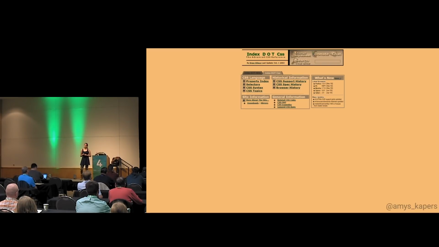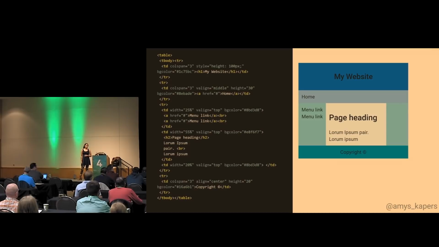But before too long, it wasn't good enough either. We wanted to do more with our websites. So we discovered that you could use tables for layouts. This is really great because you could break the page up into a grid, you could merge different cells together, you could put tables inside tables.